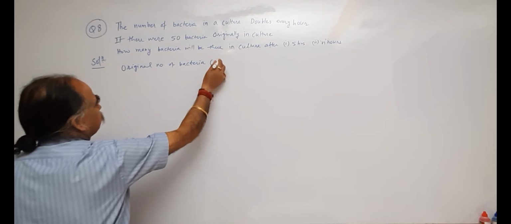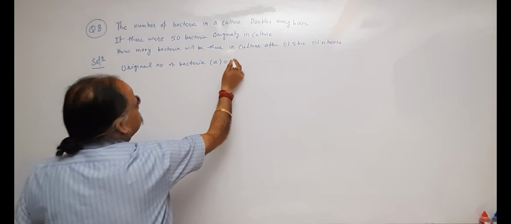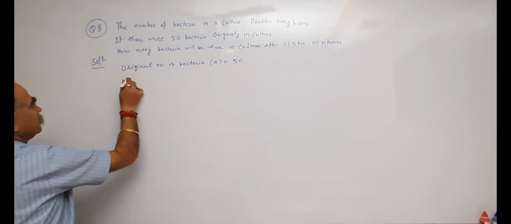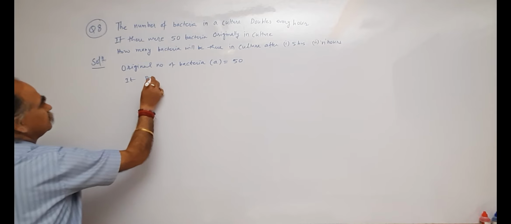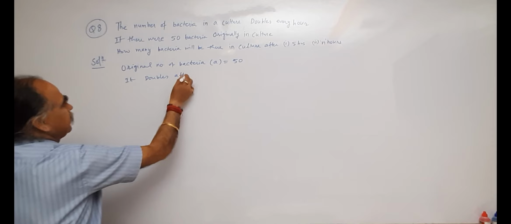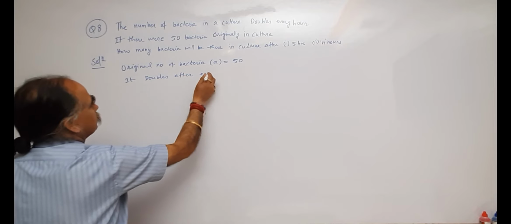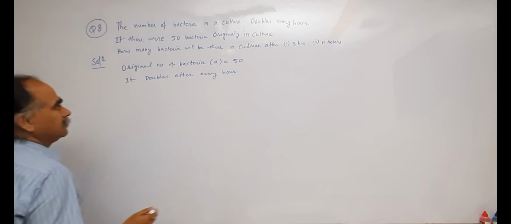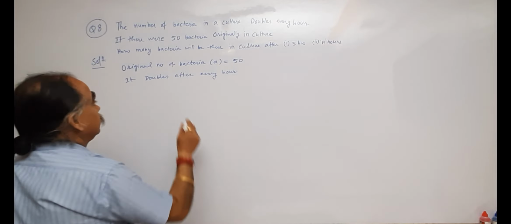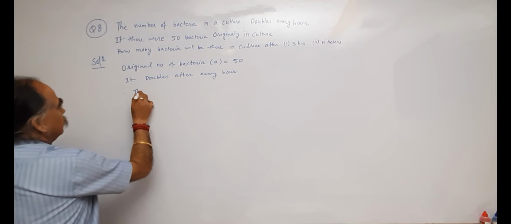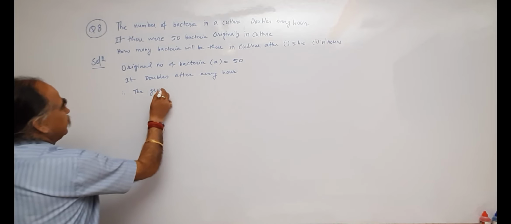Which is A, first term, is 50. It doubles after every hour. Therefore, the growth of bacteria is as follows.